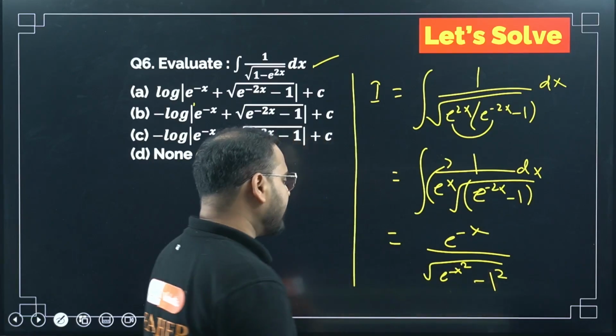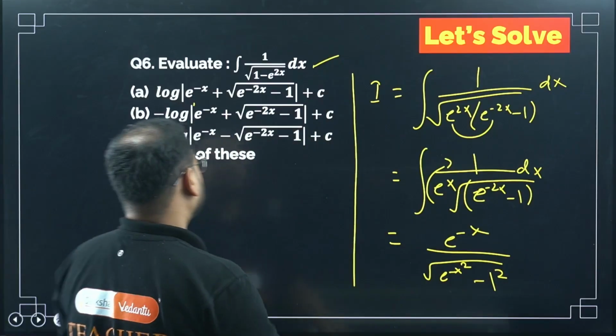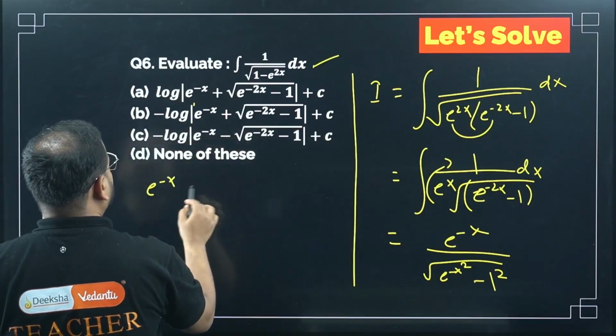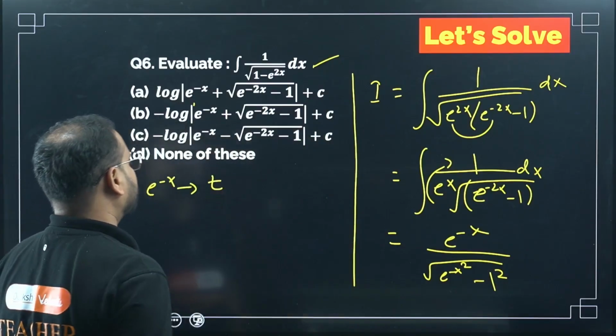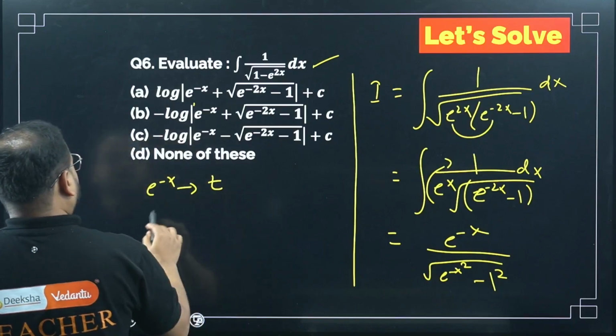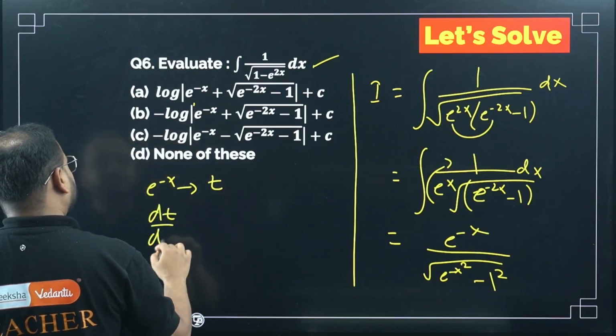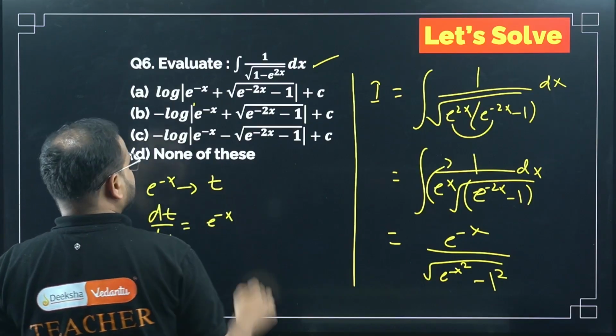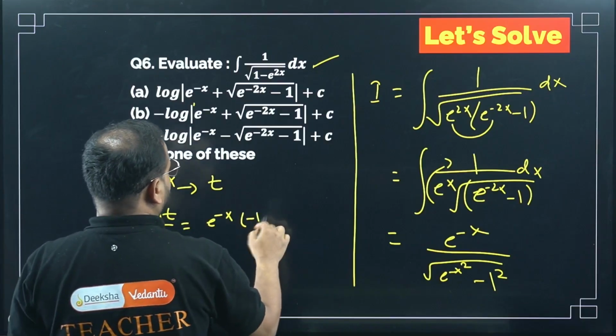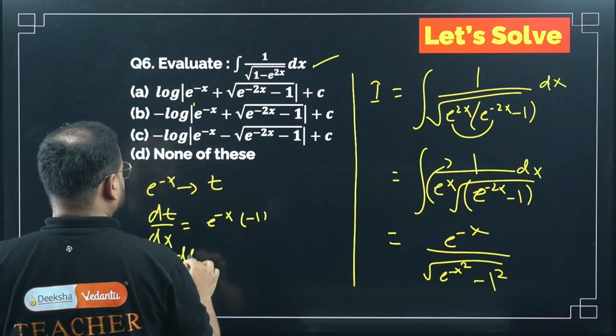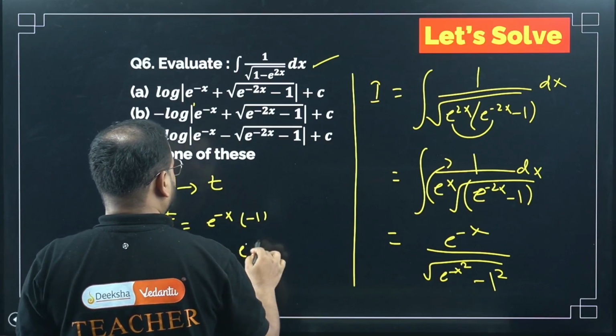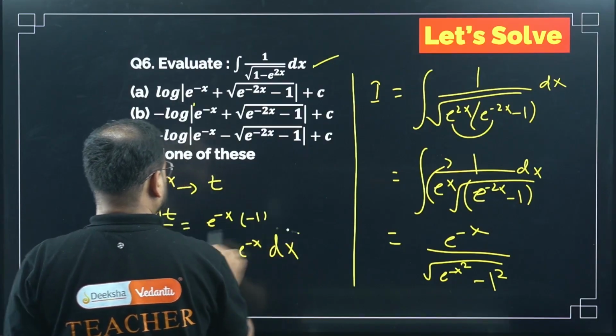Okay. Now I'm going to take e power minus x as t. Now take the transformation. dt by dx will be e power minus x into minus 1. So my dt will be minus e power minus x dx.